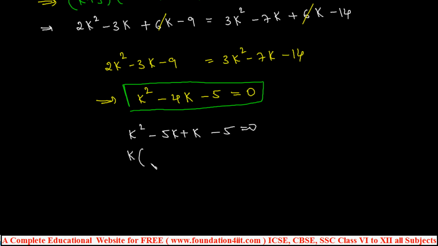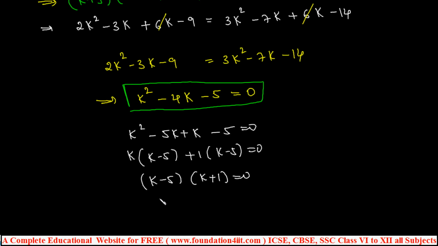Take k common, k minus 5, plus 1 common, k minus 5. You know factorization already. So k minus 5 into k plus 1 is equal to 0. Then k is equal to 5 or k is equal to minus 1. So these are both solutions for this, either 5 or minus 1, the value of k.